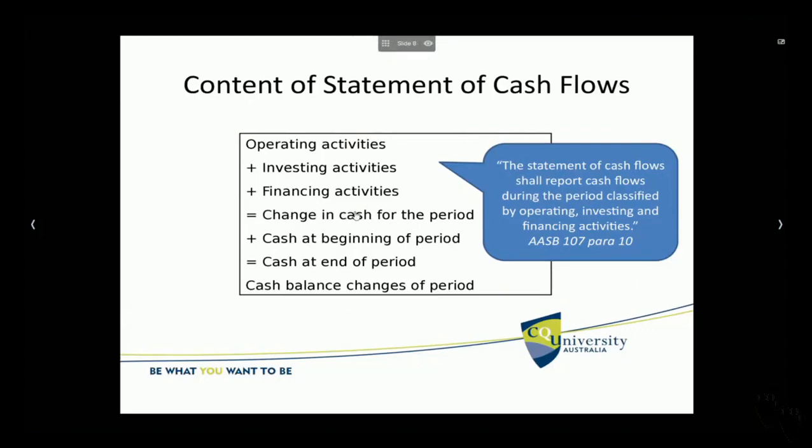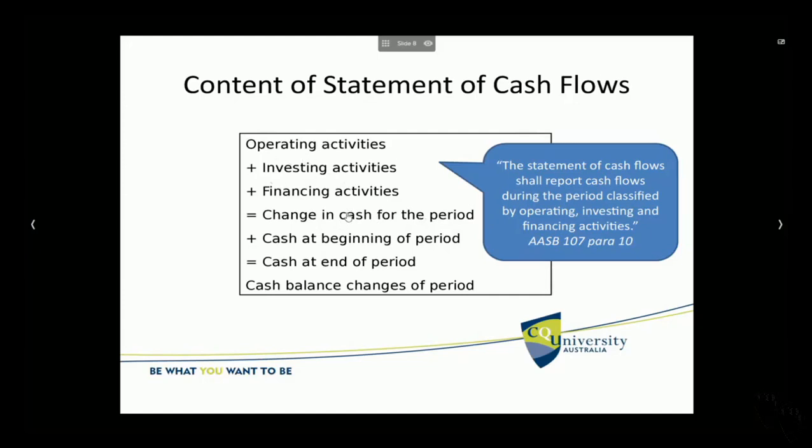Okay, so this is what we often refer to as our net cash inflow or outflow, because each of these items can either be cash in or cash out. So we either get a net inflow or a net outflow for each of these activities. And when we sum those 3, we get a net cash inflow or outflow. So that's the change in cash for a period.